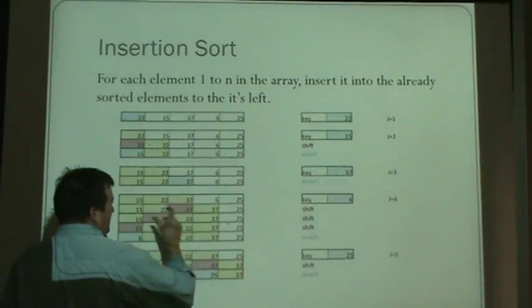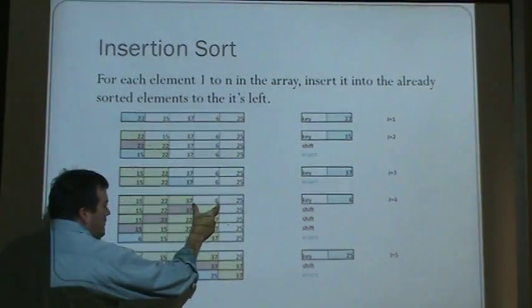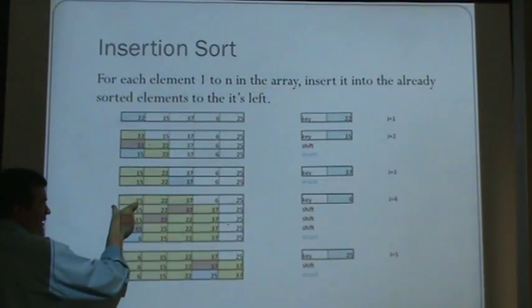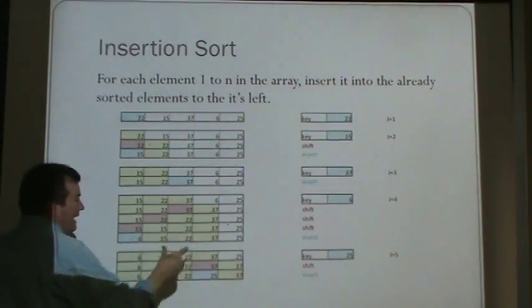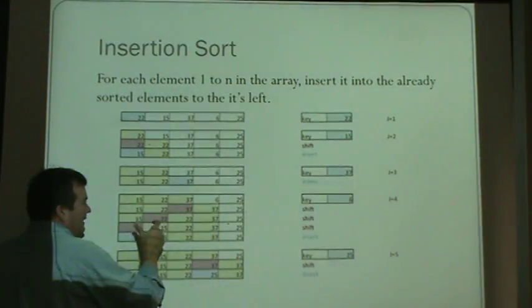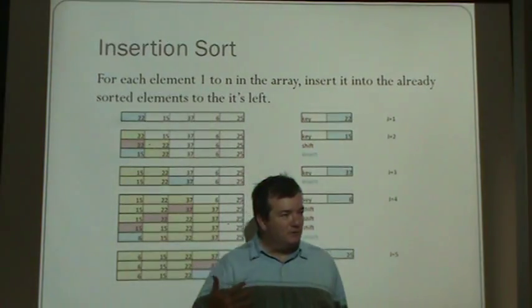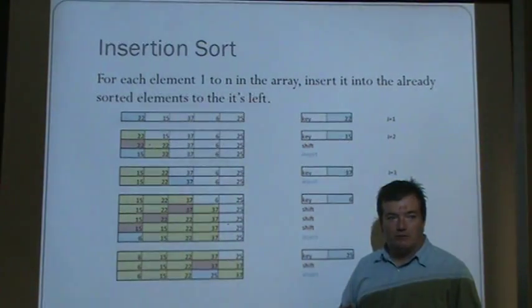Every time we take a number, like 6, and we want to put it in its correct spot, we have to keep looking and go all the way to the beginning. What would make that happen as infrequently as possible? If the numbers came to us in what order originally?